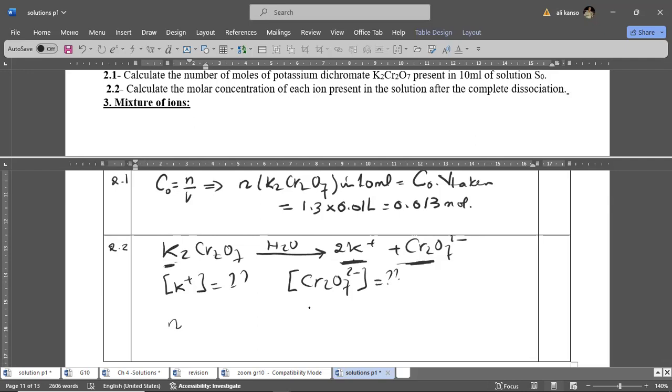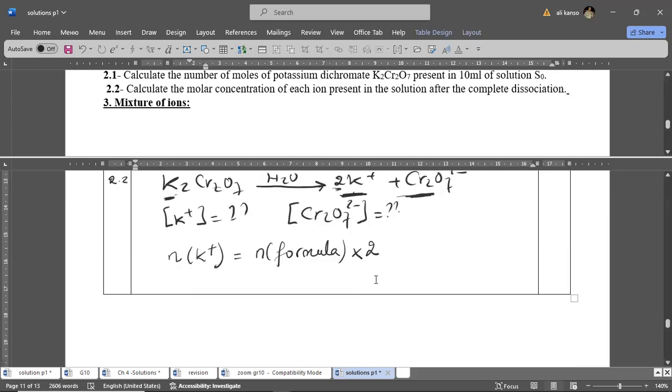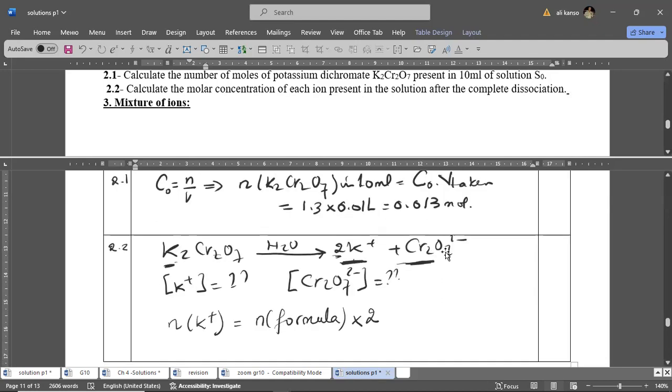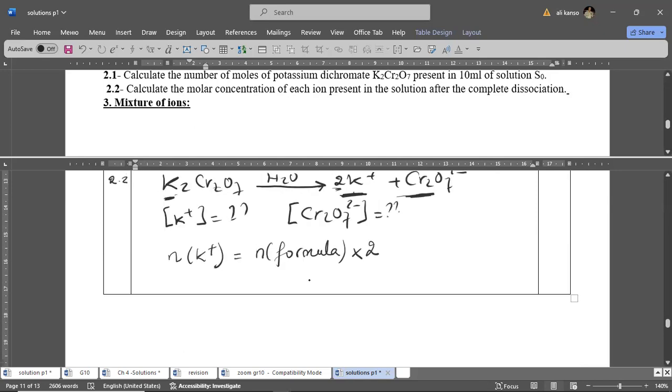Always we wrote: N of K+ is equal to N of formula unit times the coefficient of K+, which is 2 here. Also, N of Cr2O7 2- is equal to N of K2Cr2O7 times 1, the whole formula, the compound, times 1.